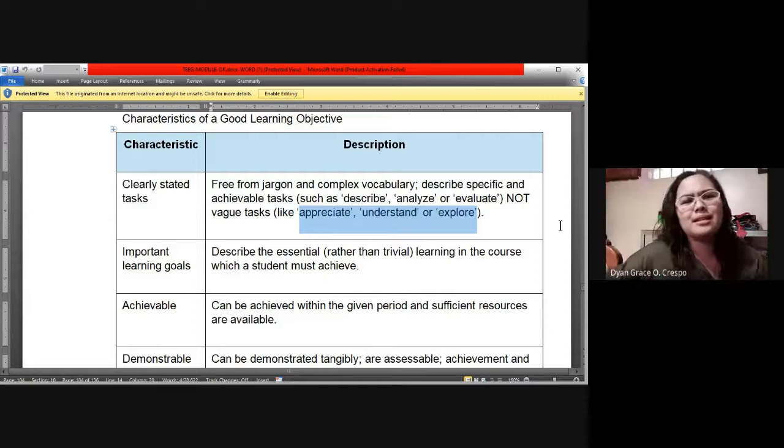Instead of saying appreciation, put right away: recite a poem.